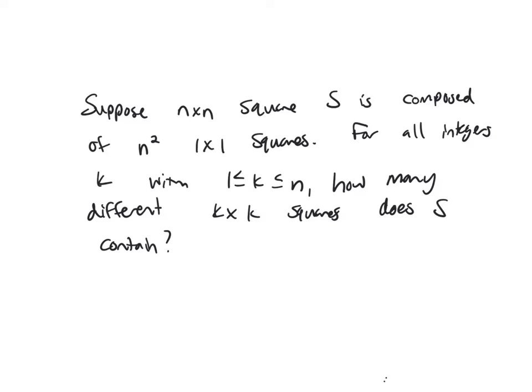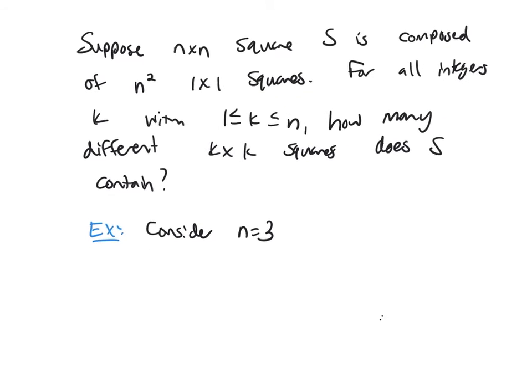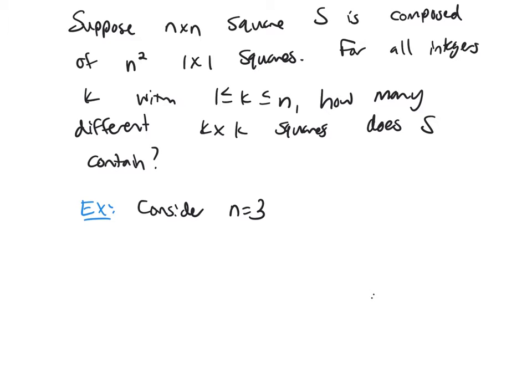So we're going to look at an example here for n. Let's consider n equals 3. So I'm looking at a 3 by 3 square, and it's made up of 9 1 by 1 squares.